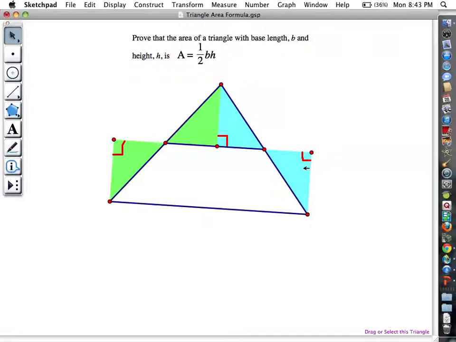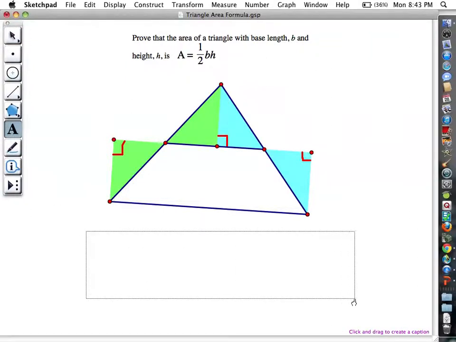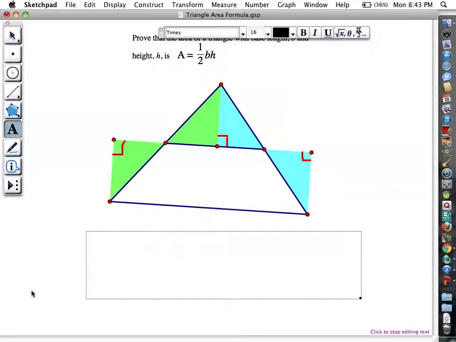So now the only thing to say is, what is the area of this rectangle? Let's see if we can write that out in narrative form. What I know is that the area of the triangle equals the area of the rectangle.